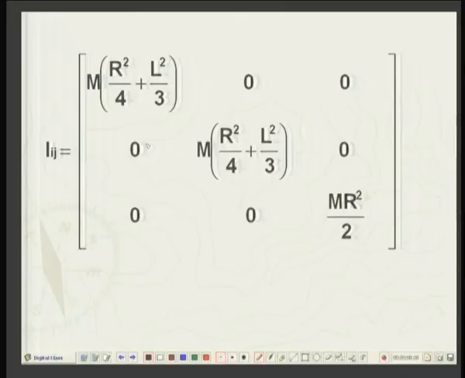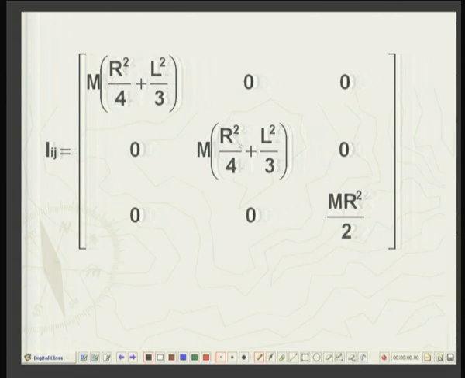If I write the inertia matrix for this body, a right circular cylinder, then the terms are Iij, with i going from 1 to 3 and j going from 1 to 3. So, I11, that is Ixx, will be m times (r²/4 plus L²/3).